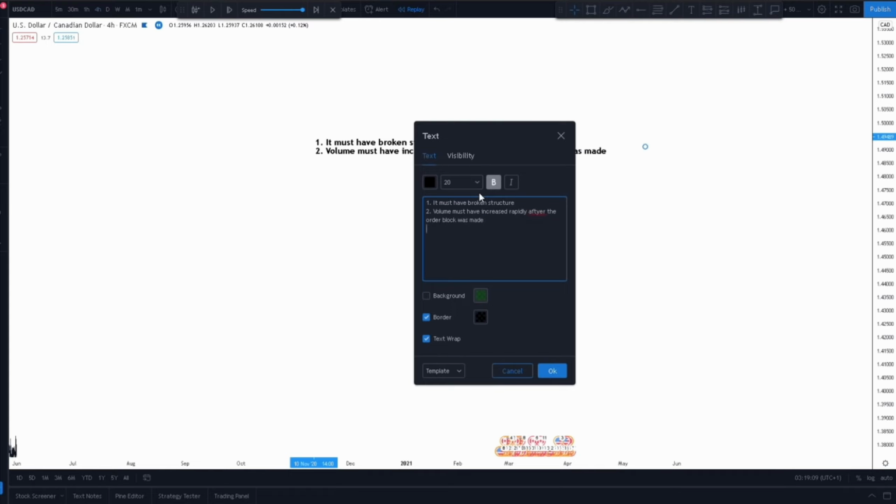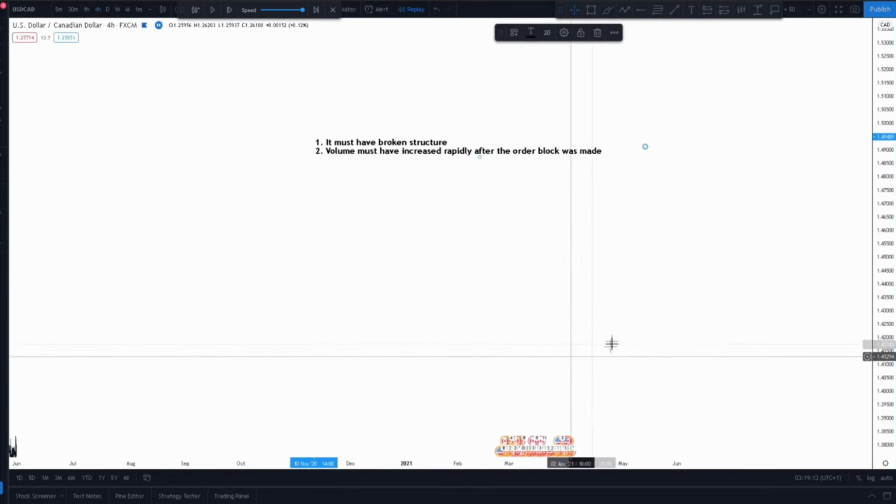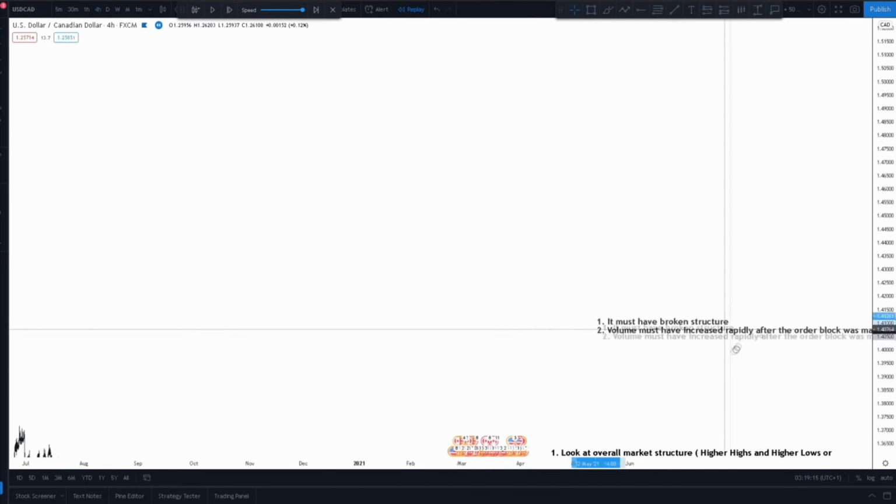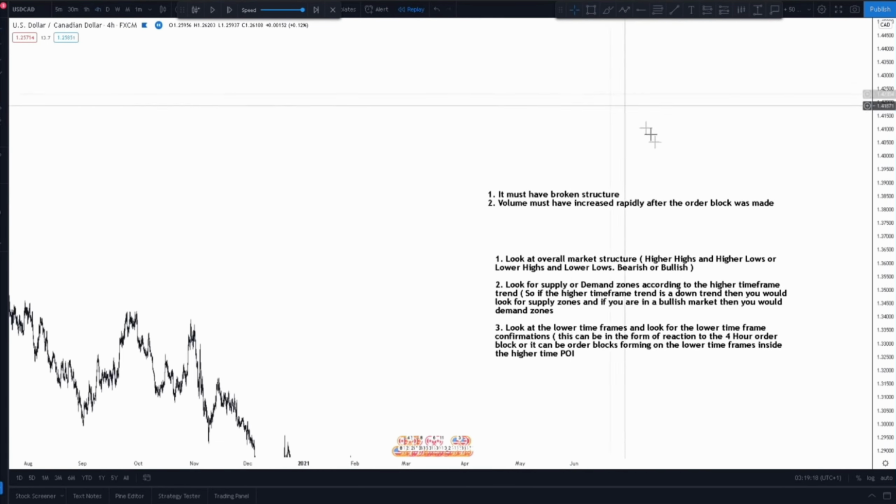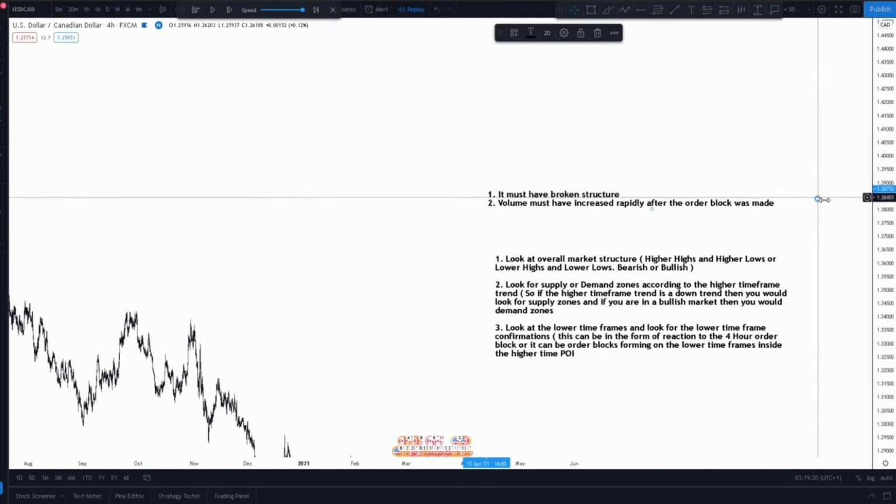What do I mean by that? We're going to be going through that today because we do have a very valid order block on USD CAD. So those are the two criteria that I look for when I'm choosing whether or not an order block is valid, right? So it must have broken structure and the volume must have increased.